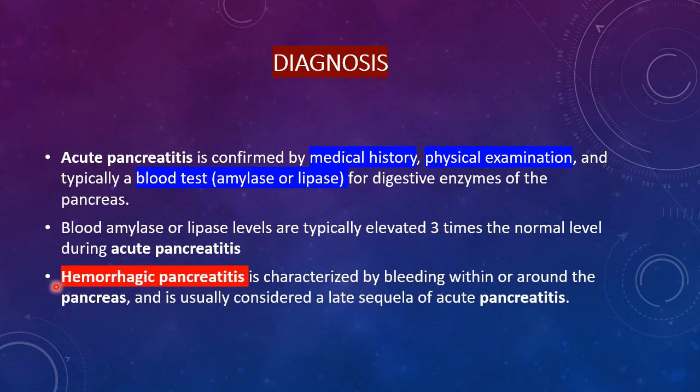Another variation of the condition is called hemorrhagic pancreatitis. It is characterized by bleeding within or around the pancreas, and it is usually considered a late sequelae of pancreatitis. So these hemorrhagic episodes contribute to the Grey Turner sign and Cullen sign.